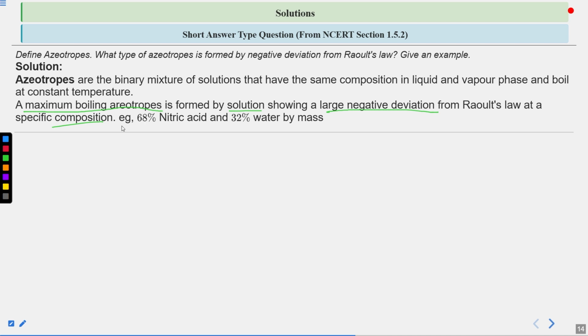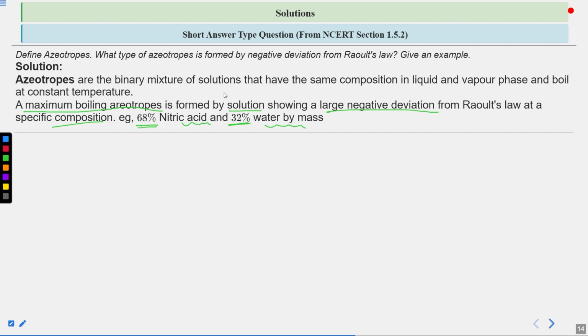An example is 68% nitric acid and 32% water by mass. These are examples where azeotropes are formed by negative deviation from Raoult's law, which is basically a maximum boiling azeotrope.